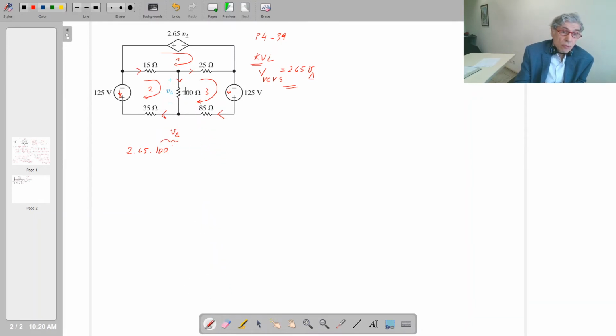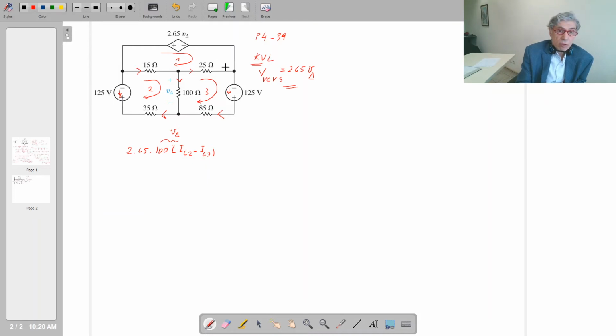In terms of mesh currents, it's going to be IC2 minus IC3. This is the same direction, IC2, and this is the opposite direction, so minus IC3. I used the definition relation and transferred this to mesh currents.